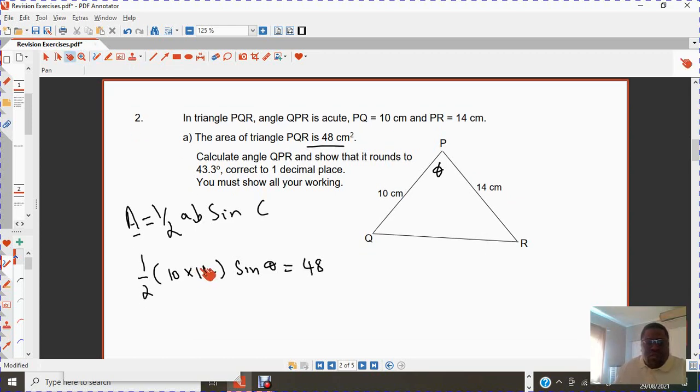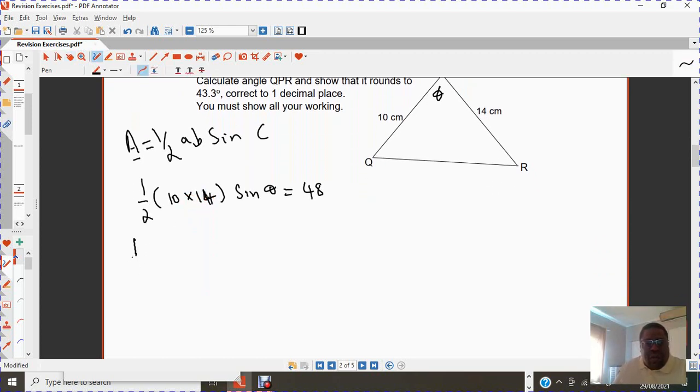So from here on, you have got a half of 140 times sine theta equals 48. So this is 70 sine theta equals 48. And I hope you understand where the 70 comes from. That's a half of 140.